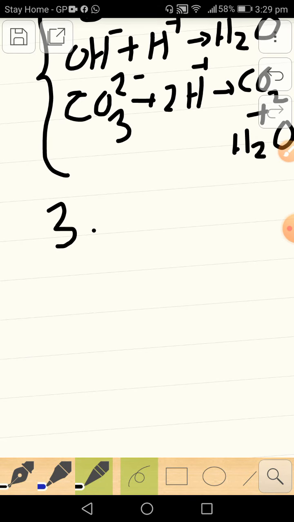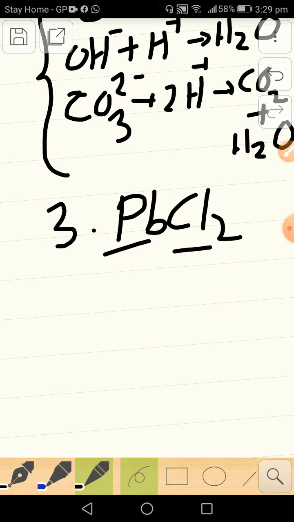The precipitation reaction is the easiest way to write. It's like just if a soluble salt is and the insoluble salt is, suppose I'm telling you the insoluble salt is PbCl2. Okay, so the ionic equation would be, just write these as ions.